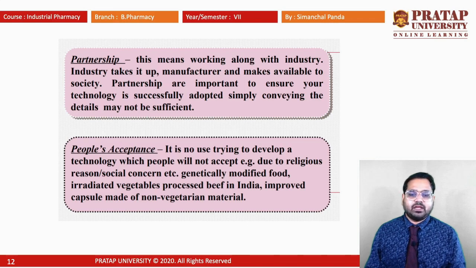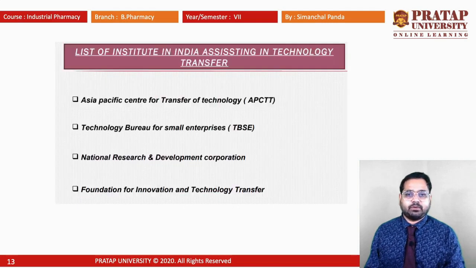As we know, different types of religious sentiments are present in India. Here the example given is that capsules are made up of gelatin, and gelatin comes from various sources, which are generally non-vegetarian material. So by making improvements in that type of research, we can improve people's acceptance in particular areas.